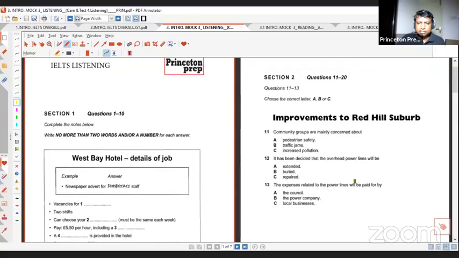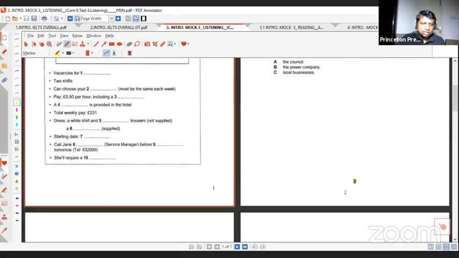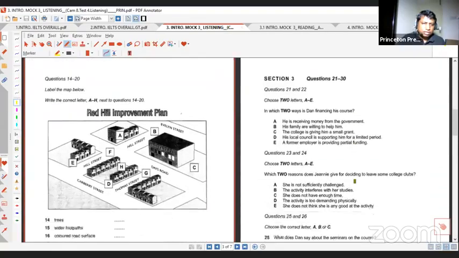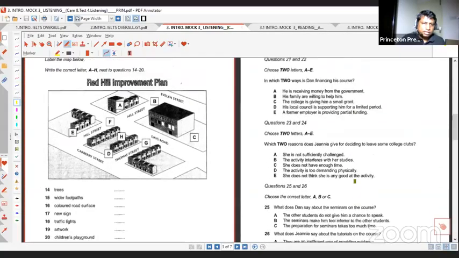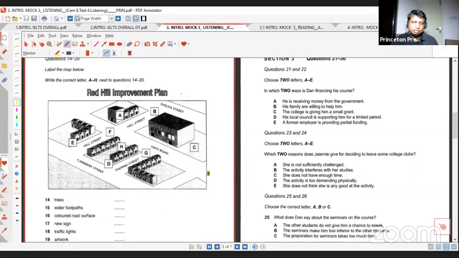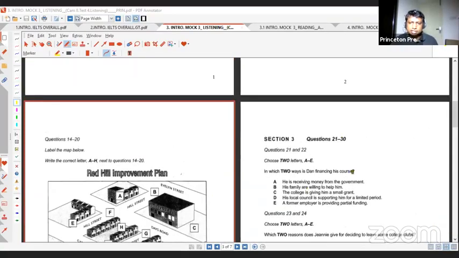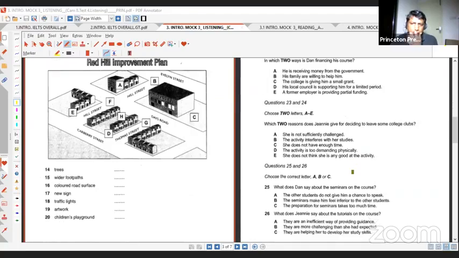The second part starts with 11 through 13, and then 14 through 20. Sometimes this is a little bit difficult. You don't always get the map, but if you get a map, it might be a little bit of a challenge. So you'll have to work on that, practice on that. And this is the task.